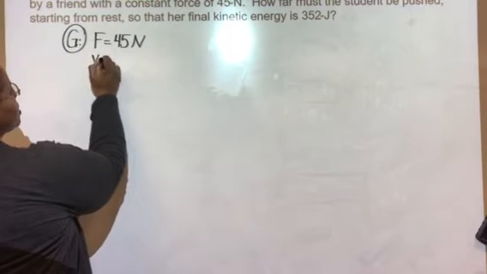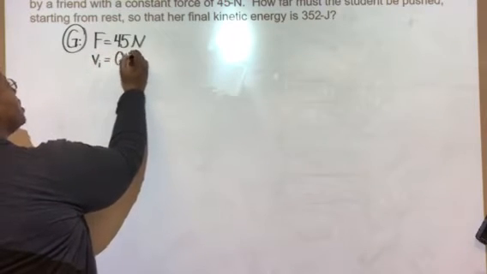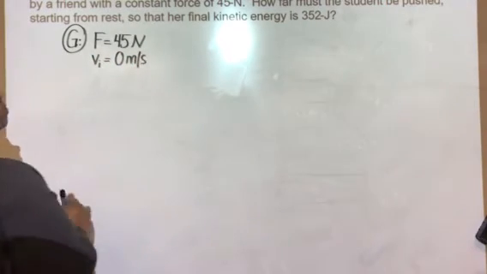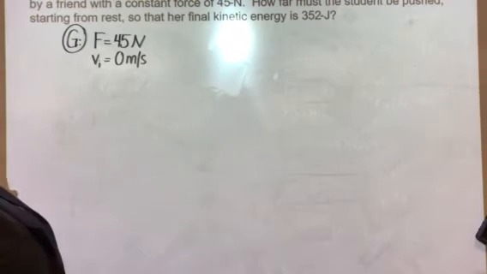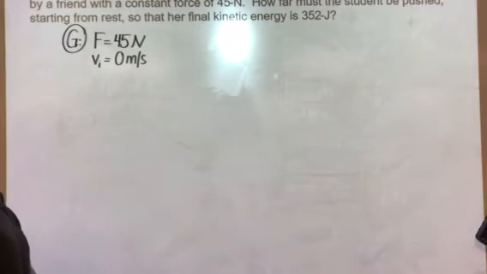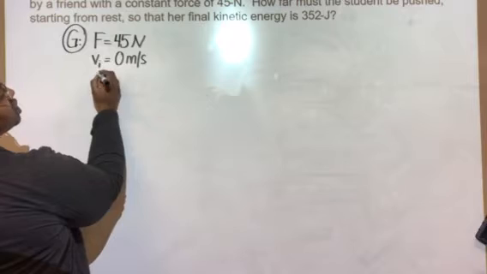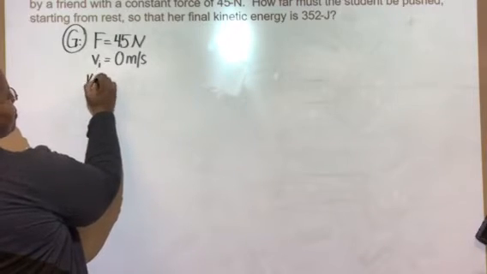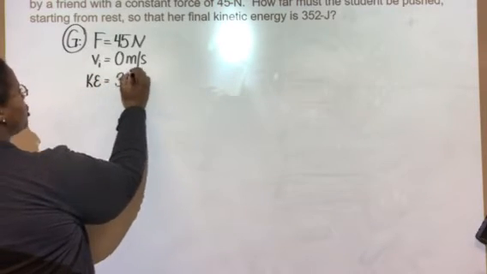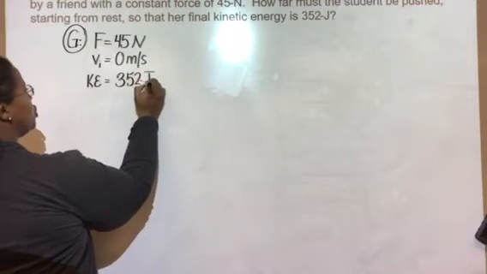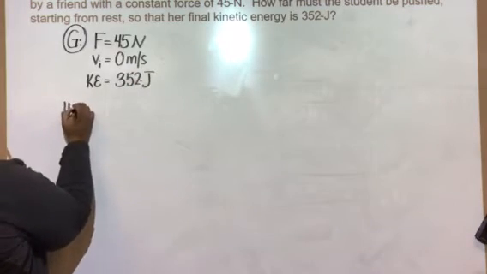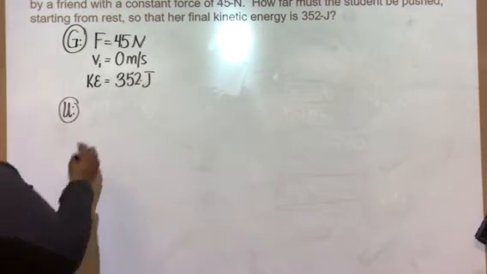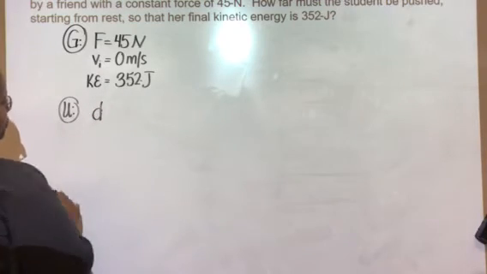So the initial velocity was 0 meters per second. So that her final kinetic energy is 352 joules. So that's my KE equals 352 joules. They wanted to know how far, so we're looking for distance.